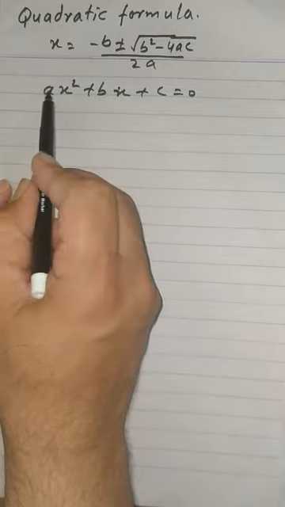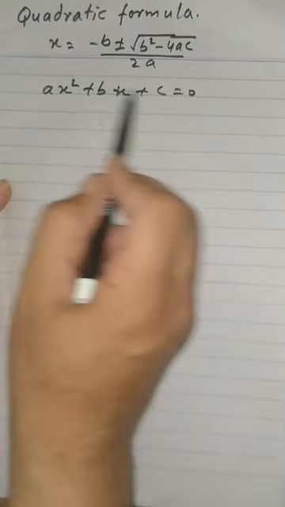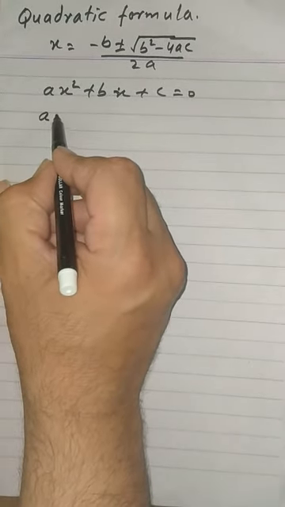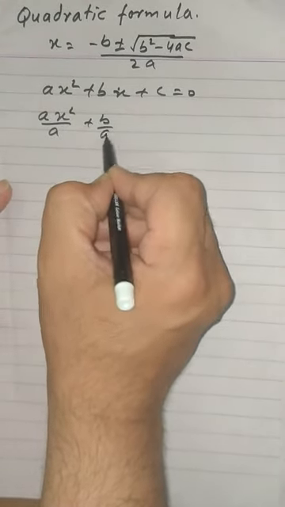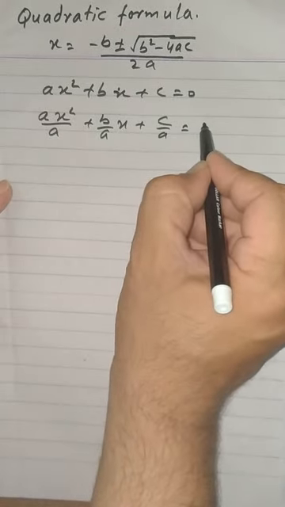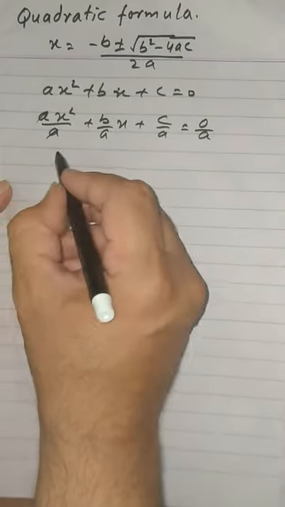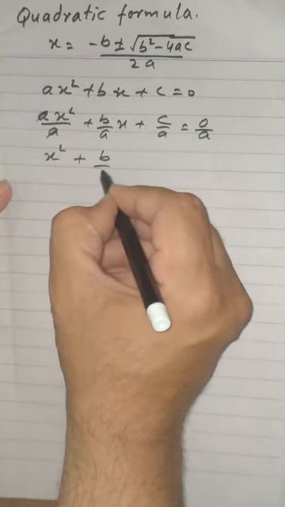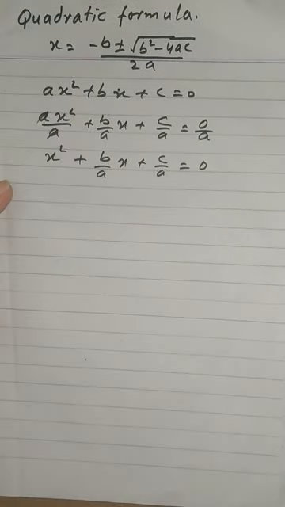First, we will divide all the terms on both sides of the given equation by a. So look here, ax square divided by a plus b by ax plus c by a equals 0 divided by a. This a cancels with this, we get here x square plus b by ax plus c by a equals 0.